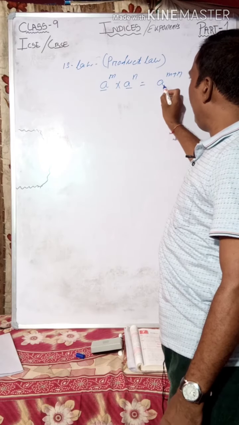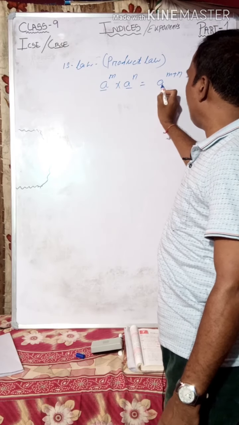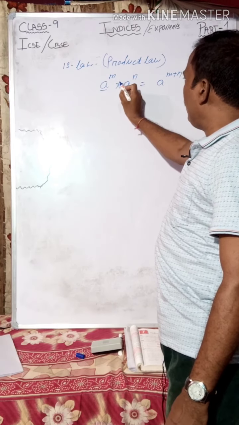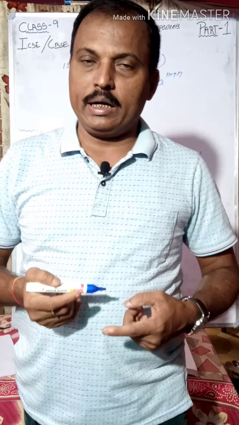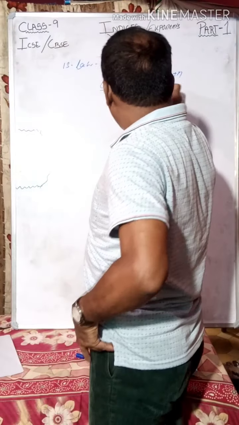So here the base a is the same, and the power or index is different. So if it is multiplied, the powers are added. If it is divided, the powers are subtracted. So this is the product law.